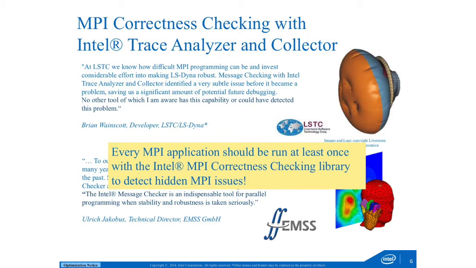That's probably happening every once in a while. And with this tool, they were directly pointed to it. Probably it was request management. And the same here for EMSS. I think it was as well a request management problem that was detected by the message checker.